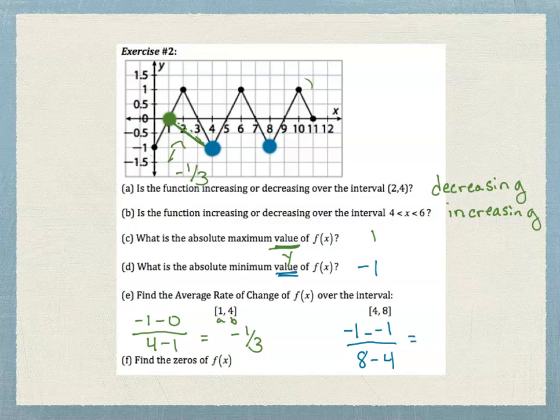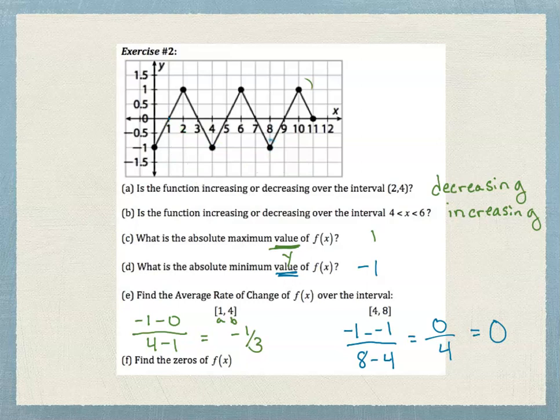And negative 1 minus a negative 1 is 0. 8 minus 4 is 4. So this ends up being 0. And that makes sense. Do you see how from the left side to the right side, it has not changed at all. The slope of this line is 0. And then finally, we're finding the zeros of this function.